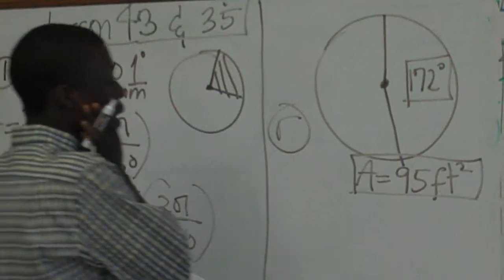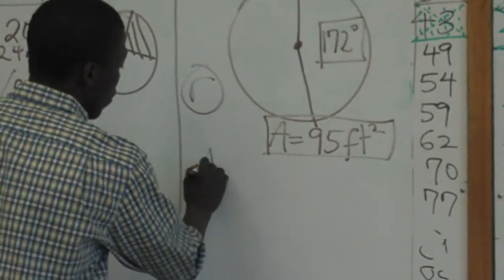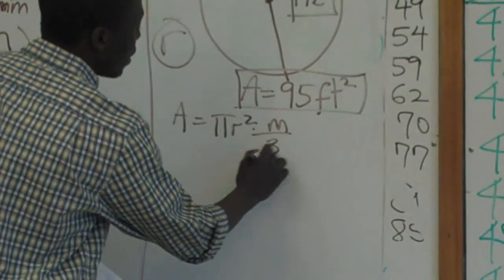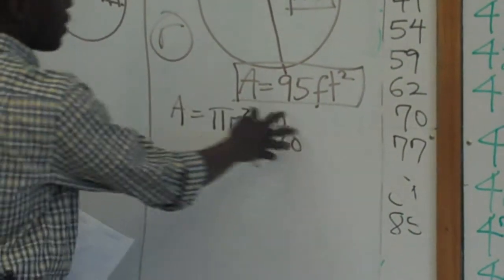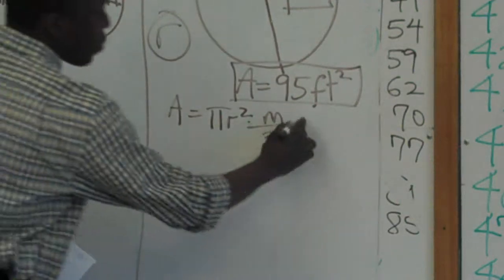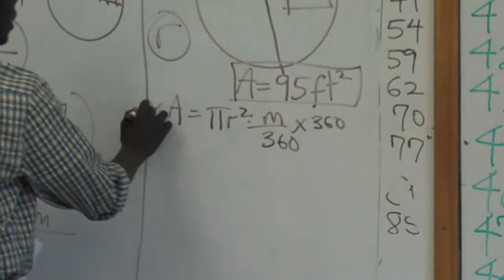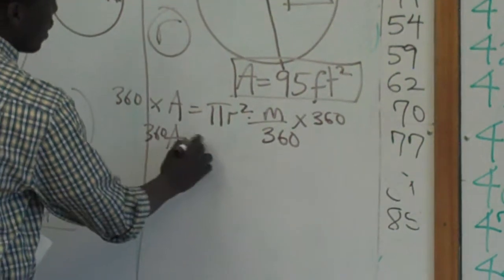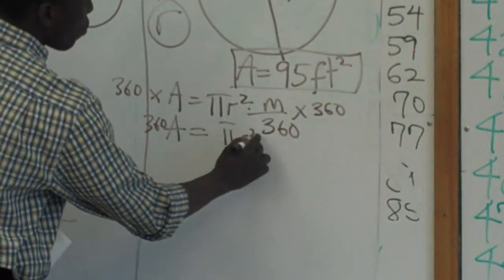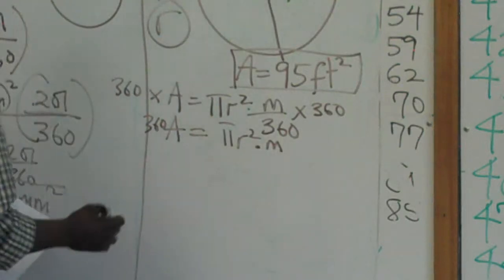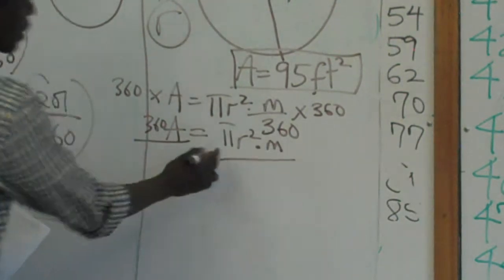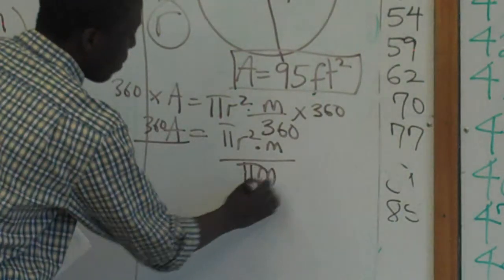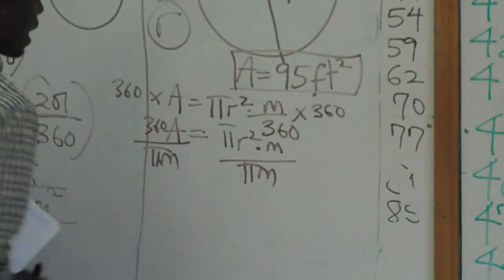We start with A is equal to pi r squared m over 360. We'll try to move everything over to the left side. We multiply both sides by 360, and we get 360A is equal to pi r squared times m. The next thing we do is divide both sides by the things we don't want on the right. So we don't want pi m, and so we divide both sides by pi m.